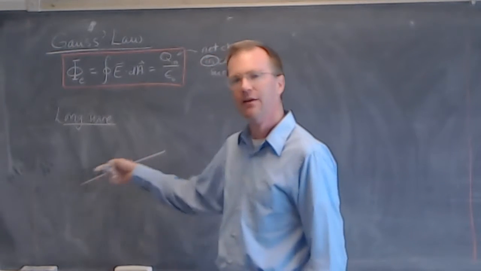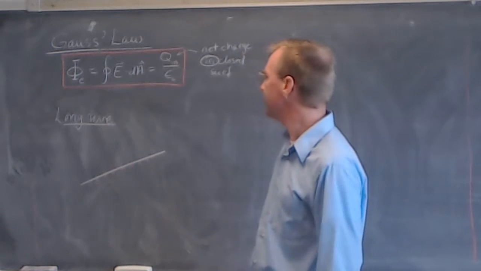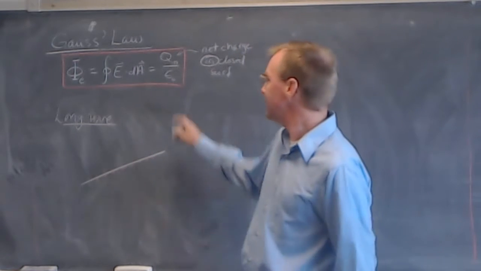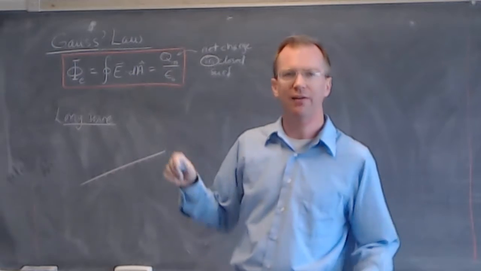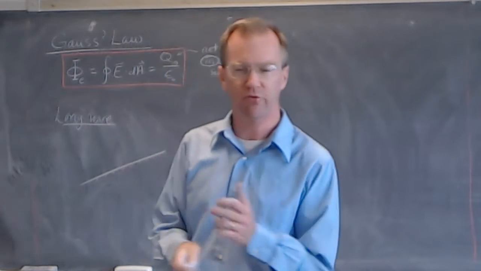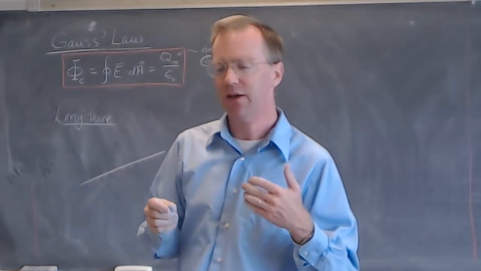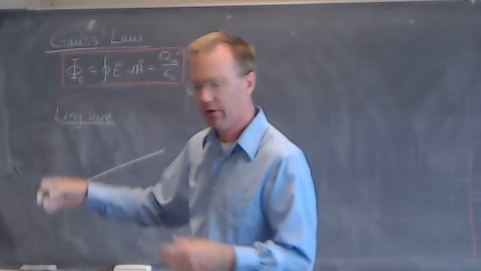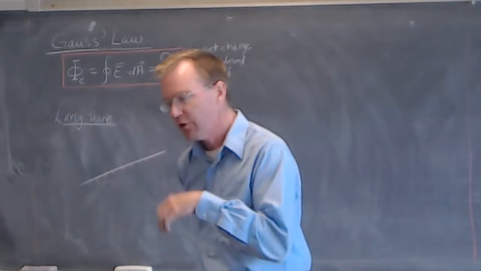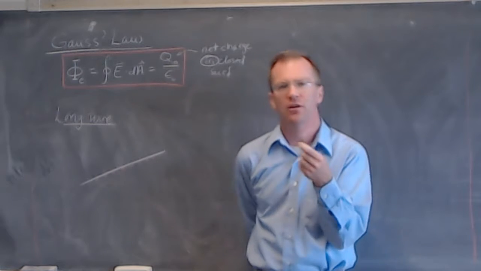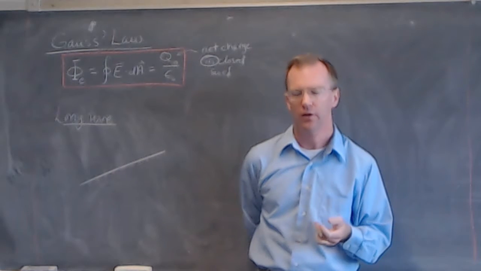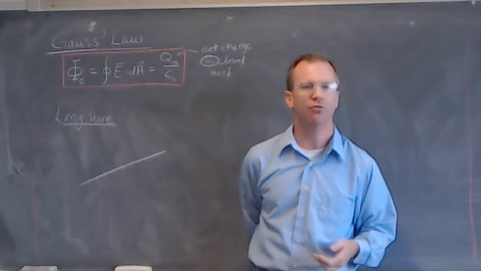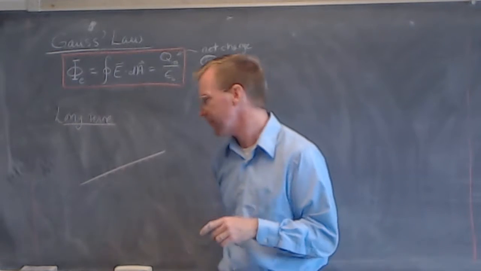Let's take a look at that infinitely long wire we did before. Pretend we didn't know it. So far, we derived Gauss's law using Coulomb's law, but we derived the infinite wire electric field earlier using the superposition of all the infinite number of infinitesimal charges. What if we don't do that? What if we just take Gauss's law here? We can do it more simply.